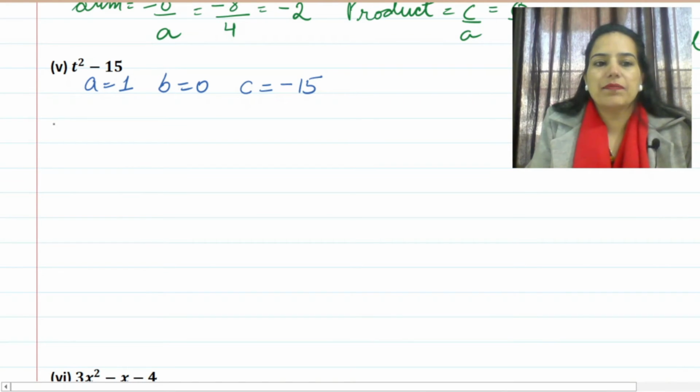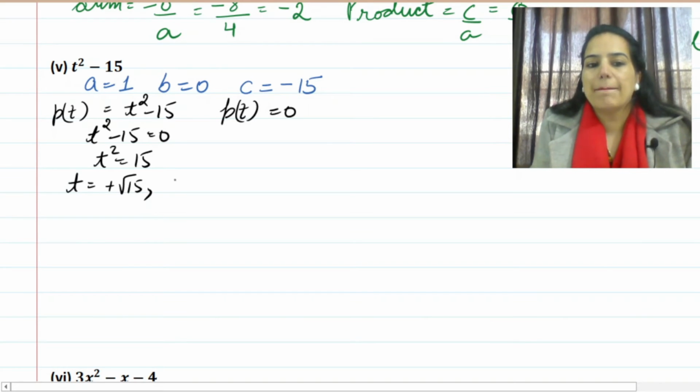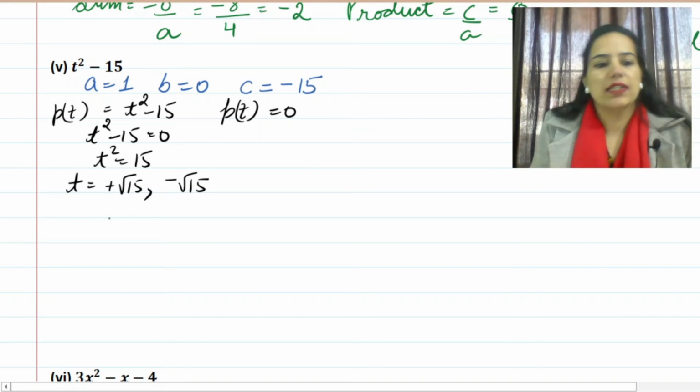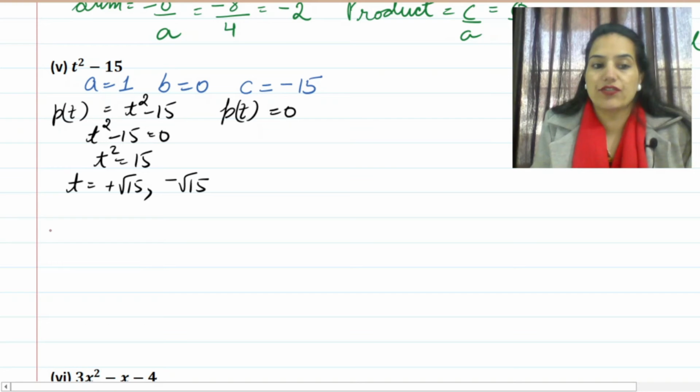Now, let's start. I will write P of t is equal to t square minus 15 and then put P of t equal to 0. So, t square minus 15 is 0. t square is 15. So, values of t are plus root 15 and minus root 15. We've got the two zeros. Now, let's find the sum and the product on our own, not using the relationship yet.